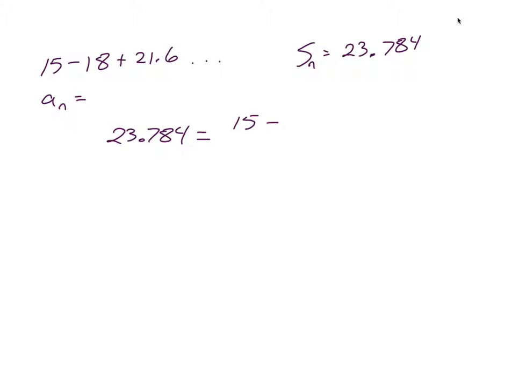How do I find r? Negative 18 divided by 15, which is 1.2. So negative 1.2. And then we have a sub n, which is what we're looking for, over 1 minus r.